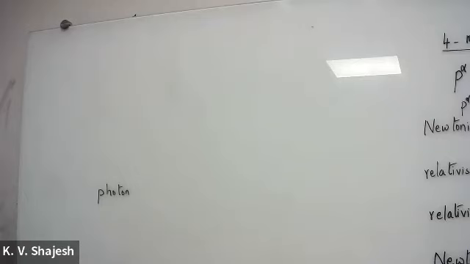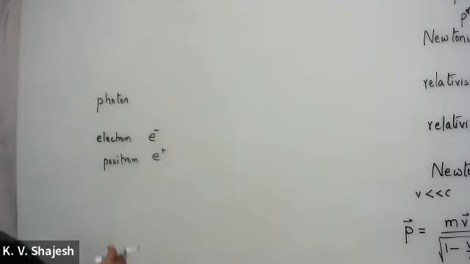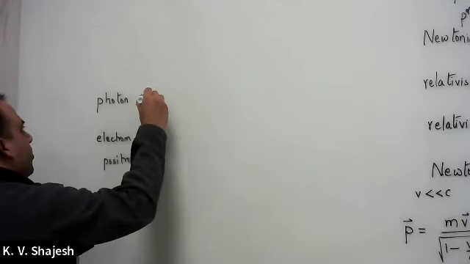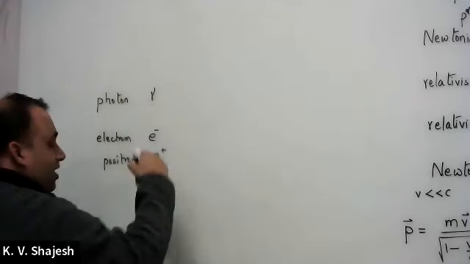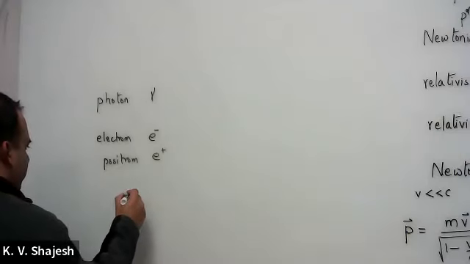So now let's say there is an electron, which we will show as this, and a positron is the same as an electron except that it has a positive charge. And there is a photon. Typically, this is a photon, it's represented by gamma. We are using gamma in another context, but that's okay. Now, let us consider the reaction.